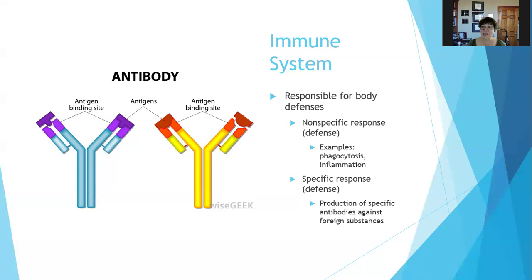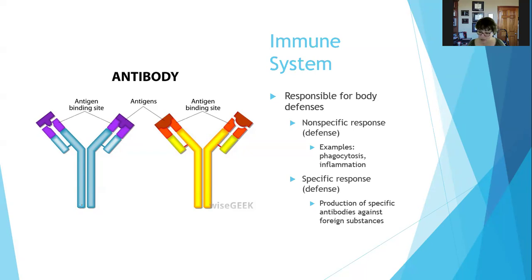Children have a larger thymus gland because they're working on developing their immune system, and that's also why children get sick more often, because they have to be exposed to pathogens, mount an immune response, and save that information for the next time they're exposed to that pathogen. So when your body can't recognize self versus non-self, that's a problem. So we'll talk about that when we talk about disorders.